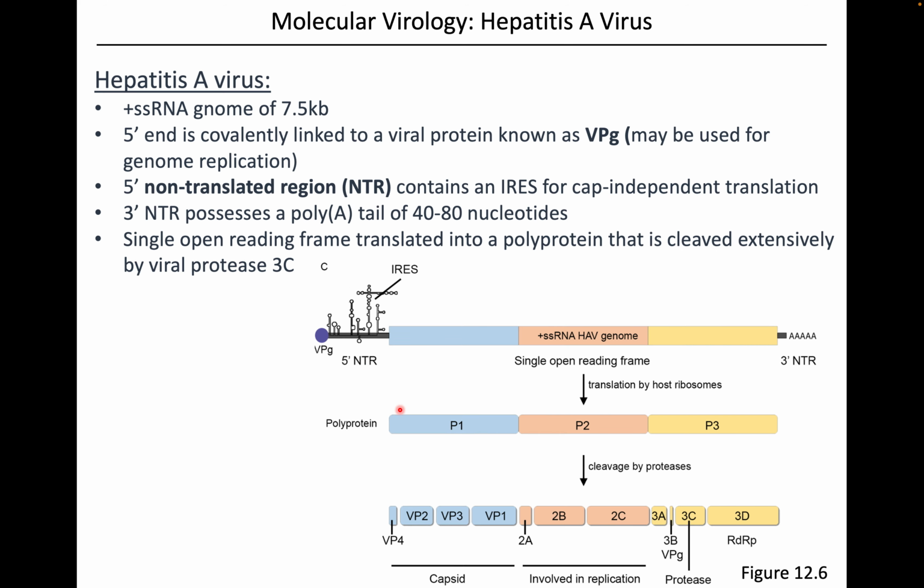So in terms of the genome organization and the way the genome is transcribed and translated, as mentioned, this is a positive sense single-stranded RNA genome, about 7.5 kilobases, and those positive sense RNA genomes, remember, can basically function as messenger RNA, so they can be directly, immediately translated in the host cell without any additional modification.